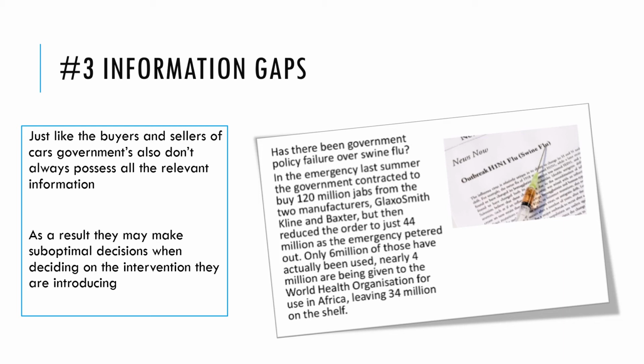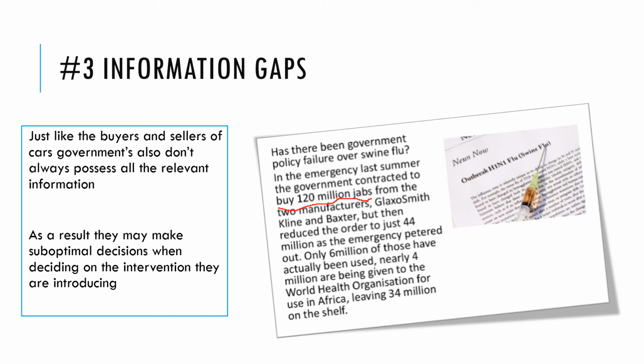A good example was a few years ago, there was an outbreak of swine flu, and the UK government were very concerned about this. So to make sure the government could keep functioning, society could keep working, they made an order for 120 million vaccines. And they made that order from a manufacturer, GlaxoSmithKline.